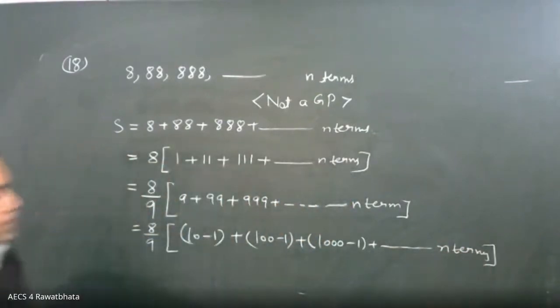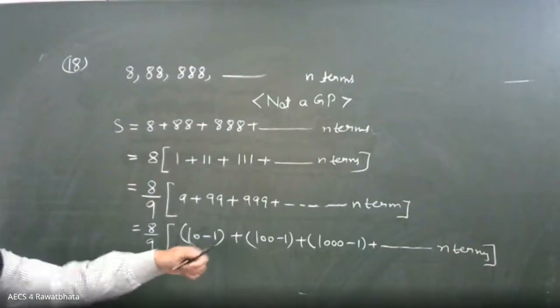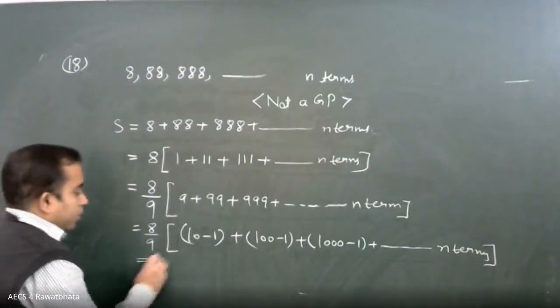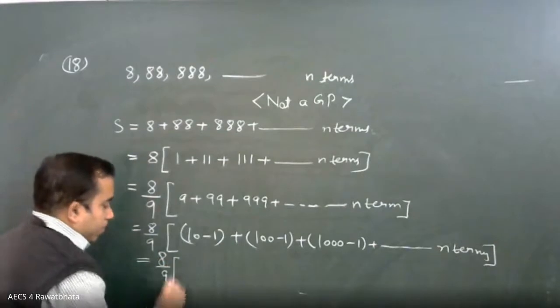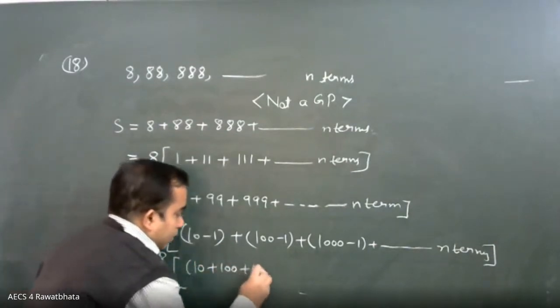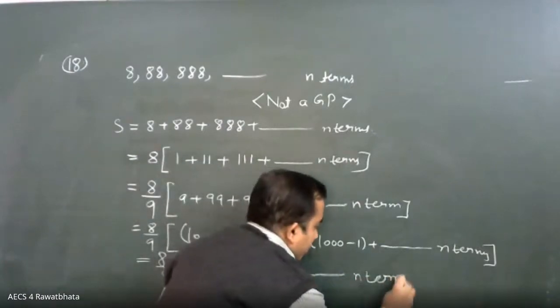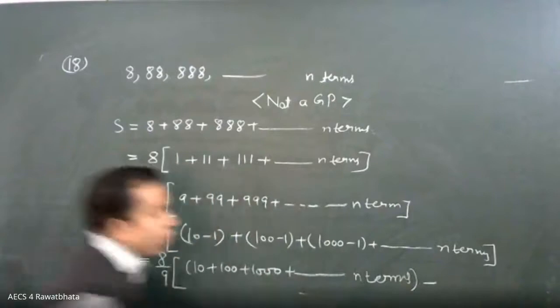I think now the next step should be clear to you all. Now I am going to keep them together, the powers of 10, 100, 1000, etc. together. So this will become 8 upon 9, and in a bracket 10 plus 100 plus 1000 plus obviously N terms, minus what next?